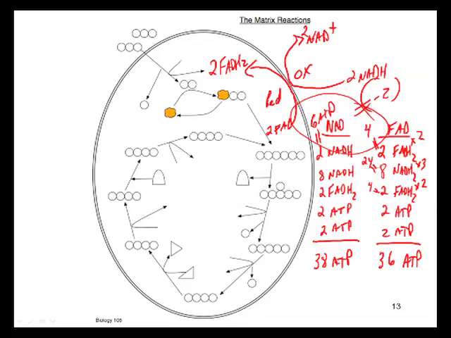So that's where that range comes from. So certain cells use the FAD shuttle, other cells use the NAD shuttle. So next time you see 36 to 38, this is what you need to think about.